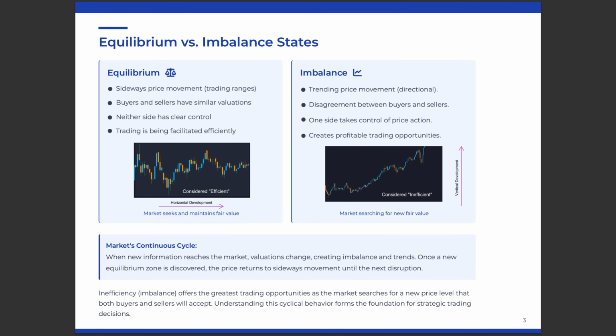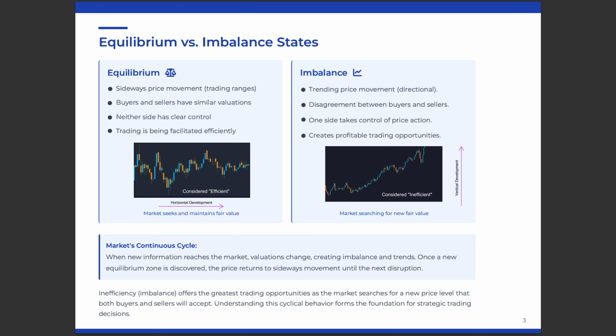Now here's where it gets really interesting. Markets exist in two fundamental states. Think of them as different weather patterns. First, we have equilibrium. This is like a calm, steady day where prices move sideways in gentle waves. Everyone's happy, trading along nicely.